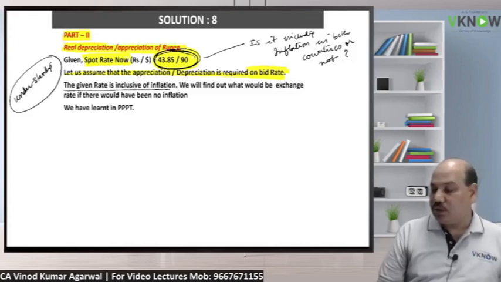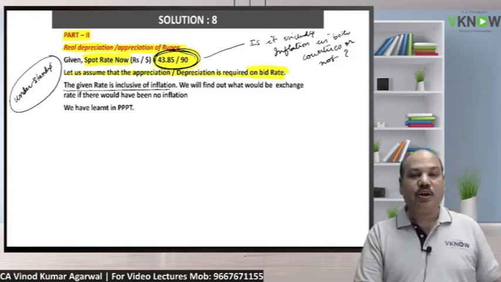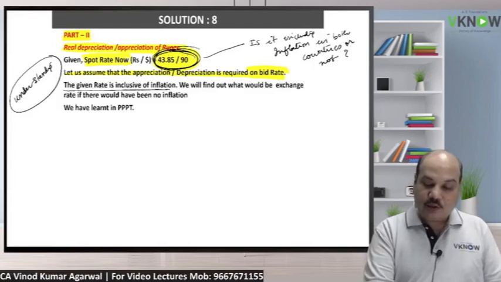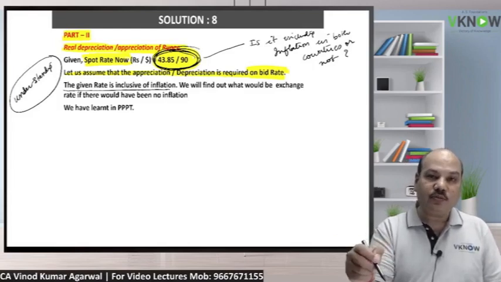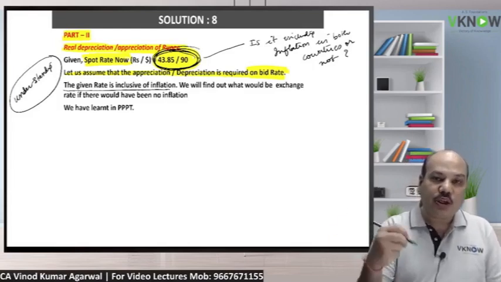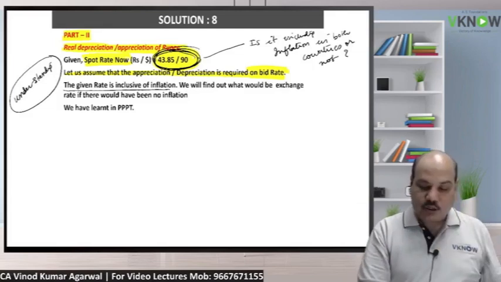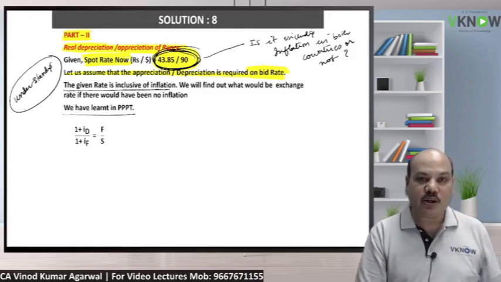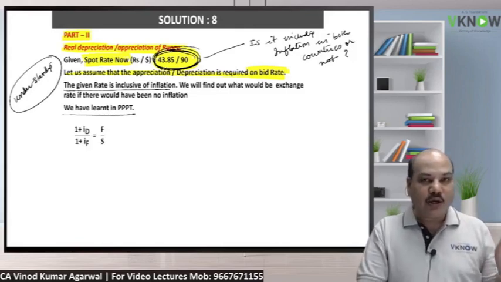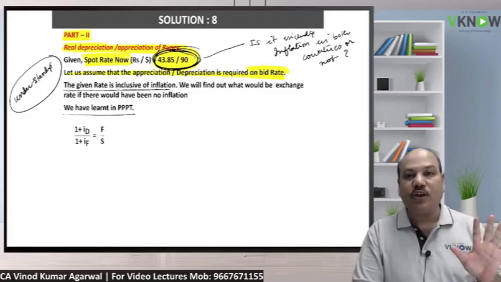We have to learn reverse working now. This is after including inflation. So if there is no inflation, what would be the exchange rate? We have learnt in PPPT, the purchasing power parity theorem, which relates exchange rate and inflation rate.